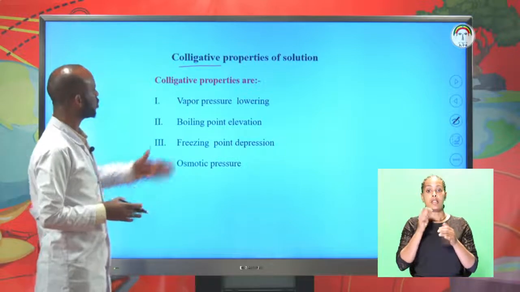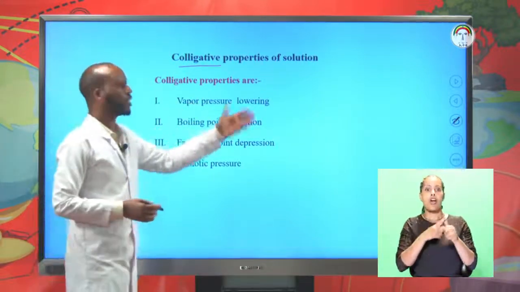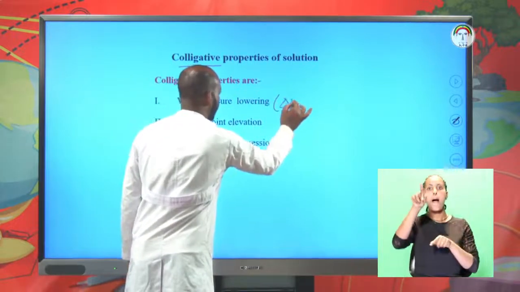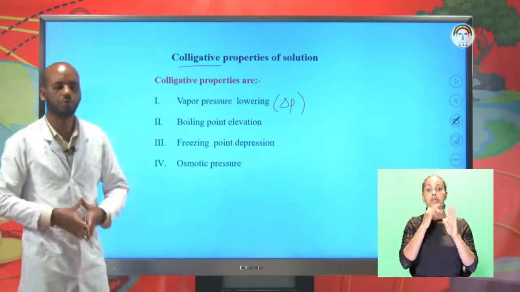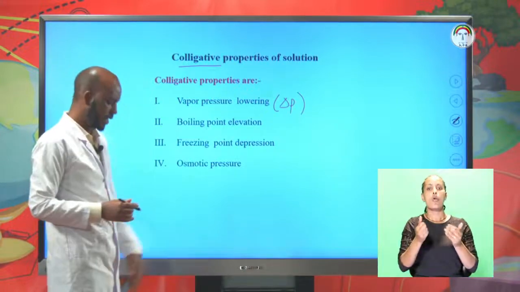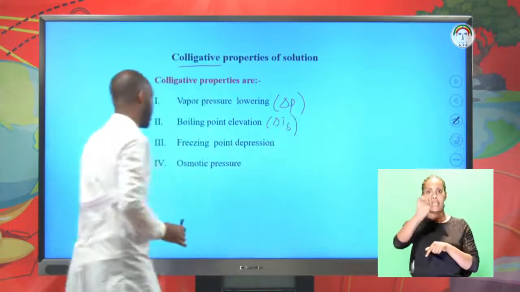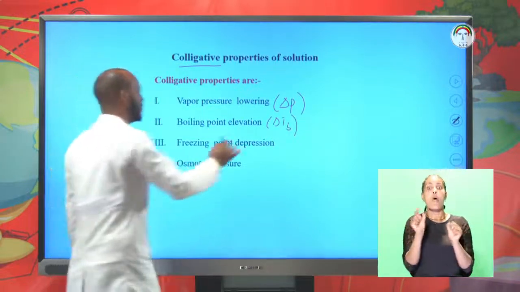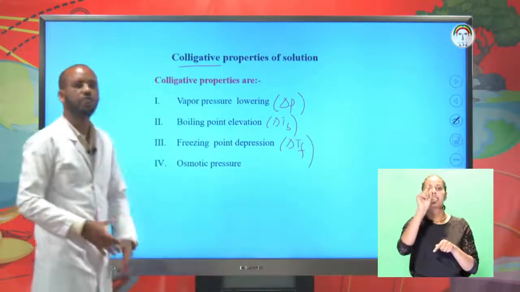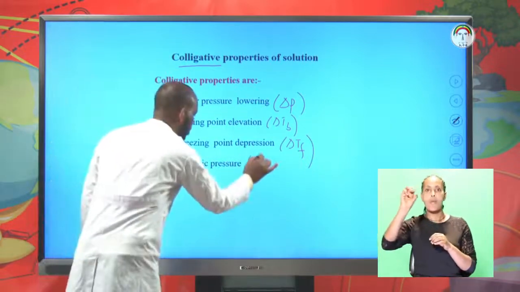The 4 most important colligative properties of a solution are vapor pressure lowering, denoted by the symbol delta P, which depends on amount of solute or concentration of solute; boiling point elevation, denoted by delta TB; freezing point depression, delta TF, lowering in freezing point; and osmotic pressure.